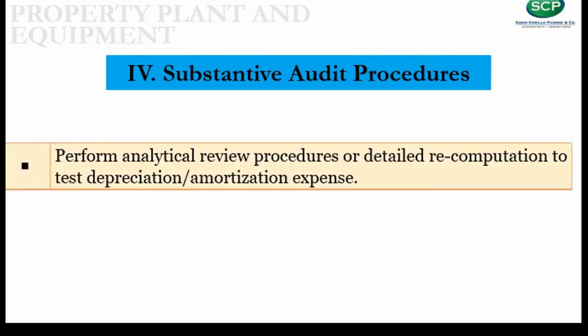The next audit procedure we will discuss is to perform analytical review procedures or detailed recomputation to test depreciation or amortization expense. So we're done with the cost. We're now going to the accumulated depreciation side of auditing the account. Some of the widely reported accounting scandals relating to fixed assets in the United States involve the fraudulent recording of depreciation.